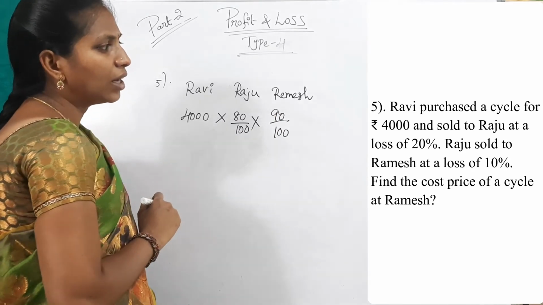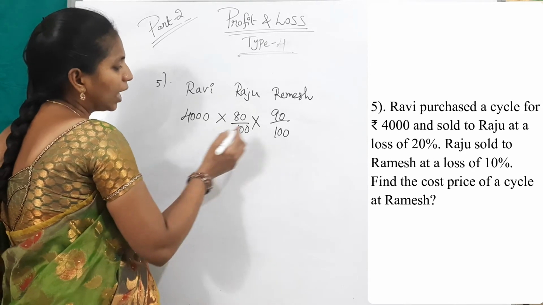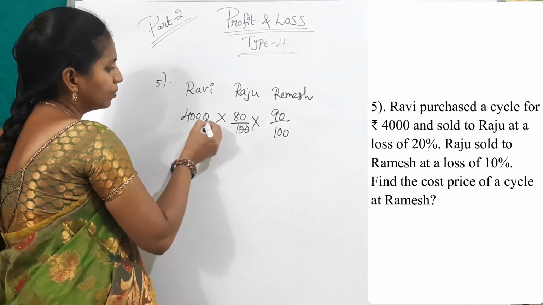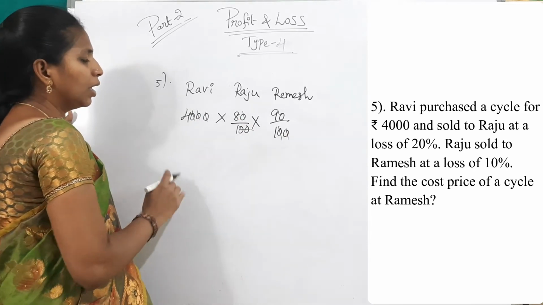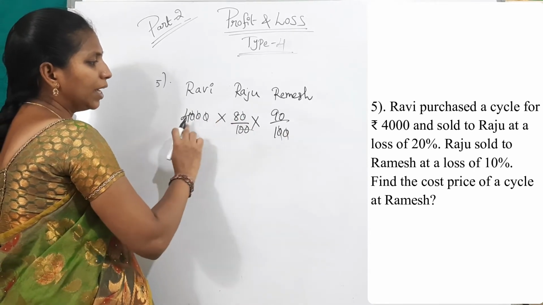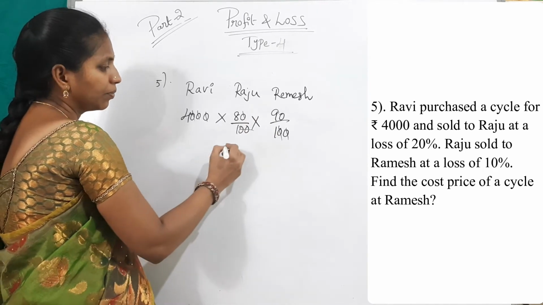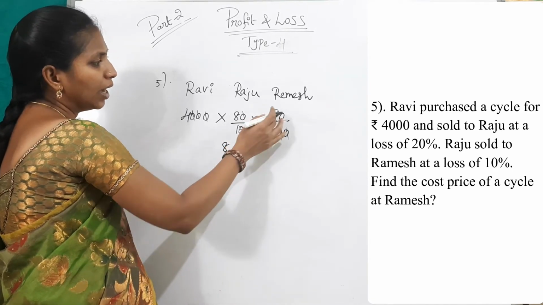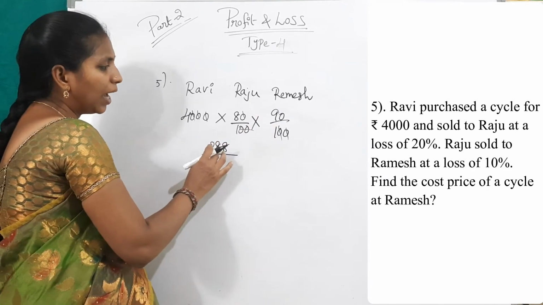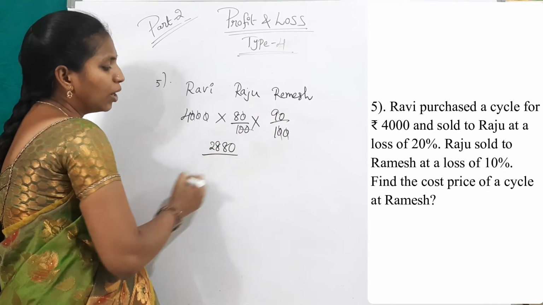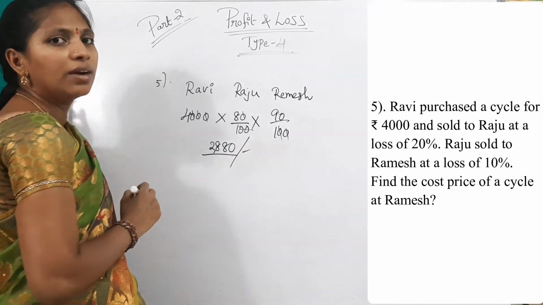Then finally find out the cost price of the cycle for Ramesh. Now calculate this one. 4 into 8 is 32. 32 into 9: 18, 1 and 27, 28, so 288 and 0. 2,880 rupees is the result.